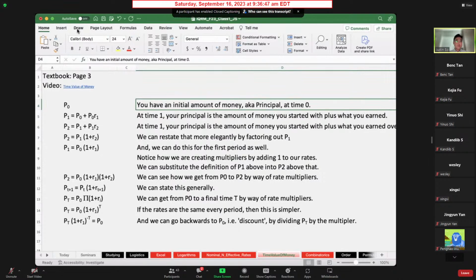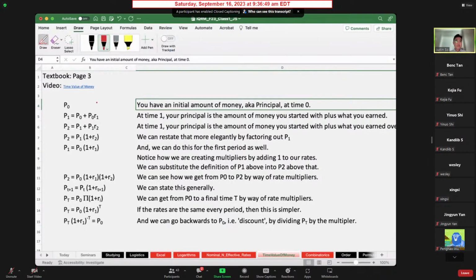Let me write again. R1 is the interest rate for this period, and that is multiplied by the principal. So this amount total is interest earned, right? Plus principal is the amount in the next period, which is at period 1 in the timeline.